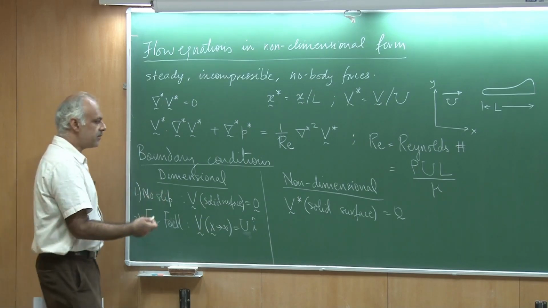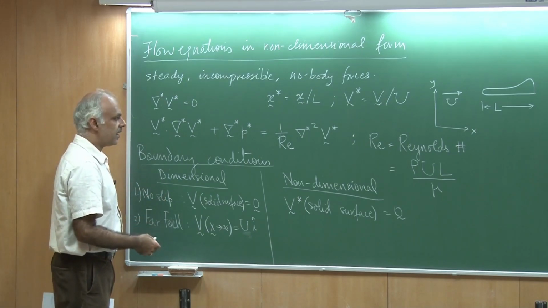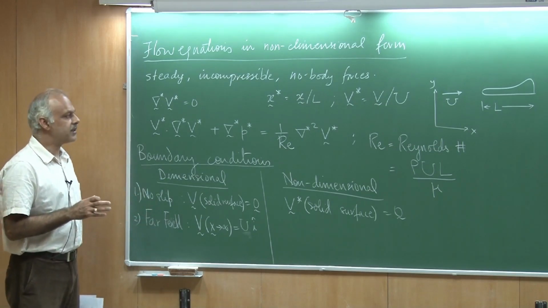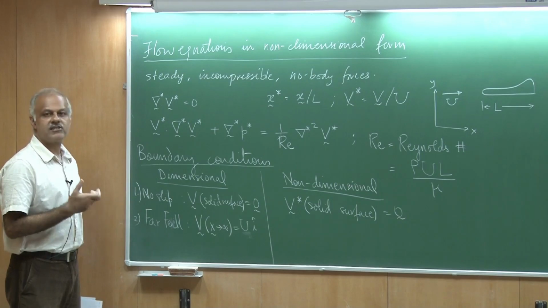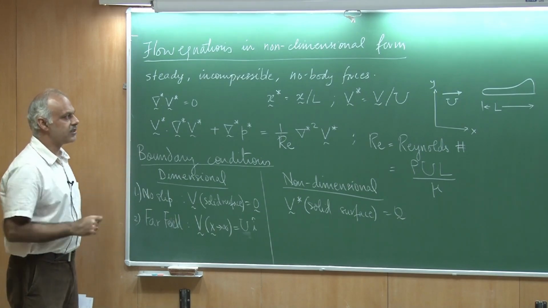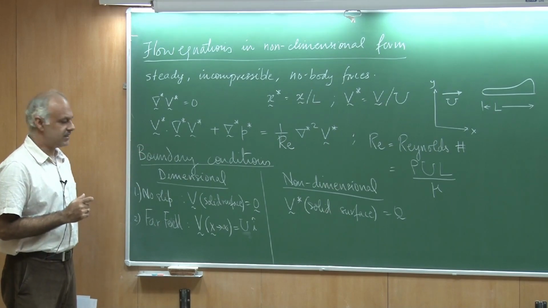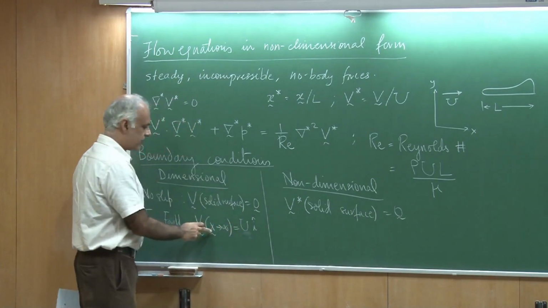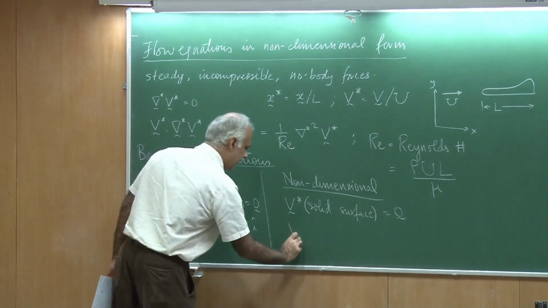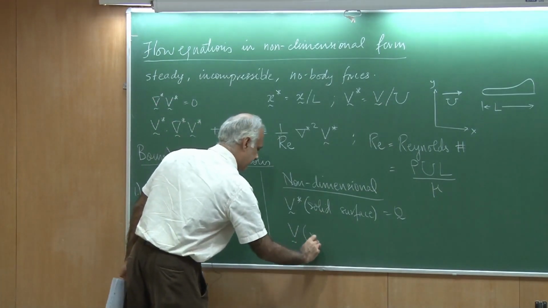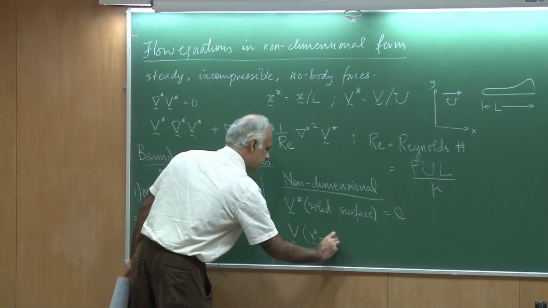What happens in the non-dimensional? So again, my length of the aircraft in the non-dimensional coordinate system is actually 1. If I look at the length of the aircraft in terms of x star, then the length would be 1. But if I look at far away, then I still have x star tending to infinity.